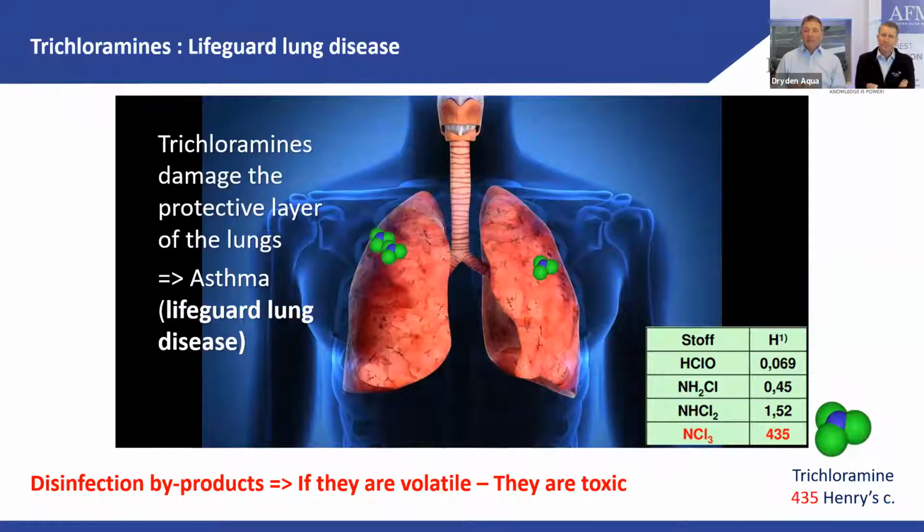Now, this is too complicated for most people, and this is why we still use the DPD method. DPD1 for free chlorine, DPD1 plus DPD3 gives DPD4, that's the total chlorine, and the difference is the combined chlorine. This is a good measurement. It just gives us a bit of an idea.